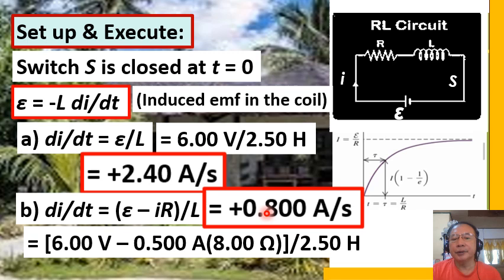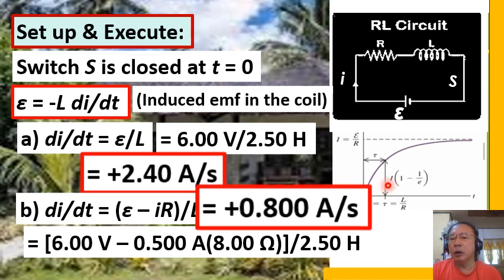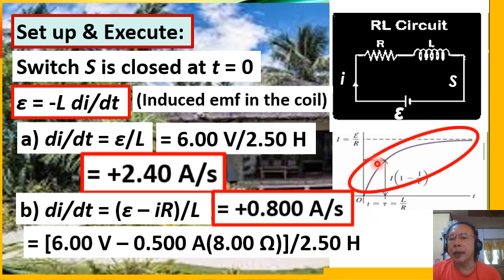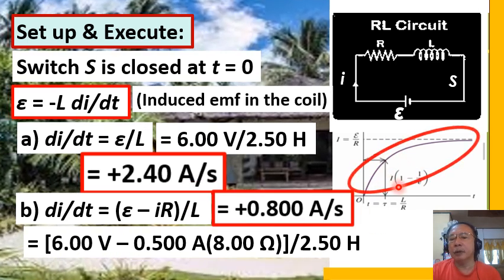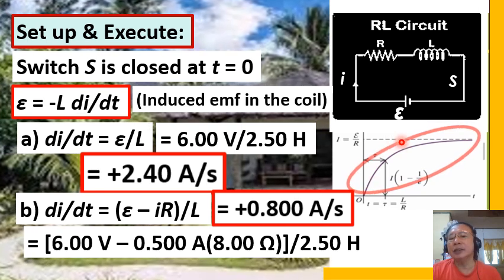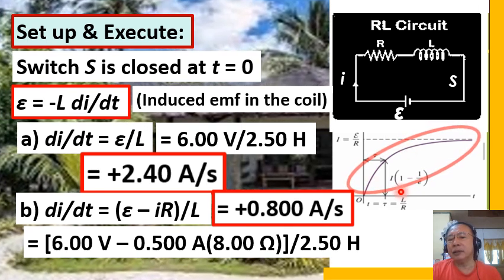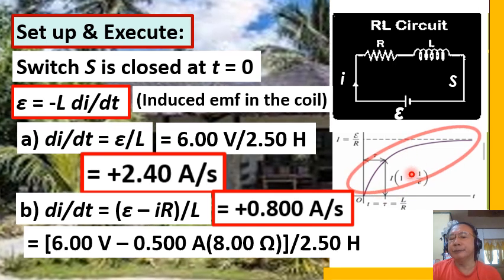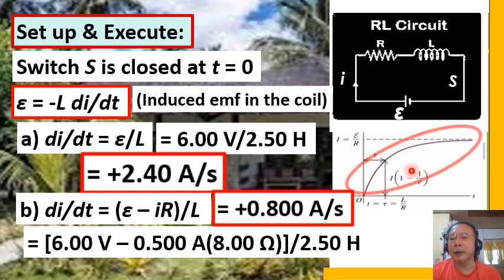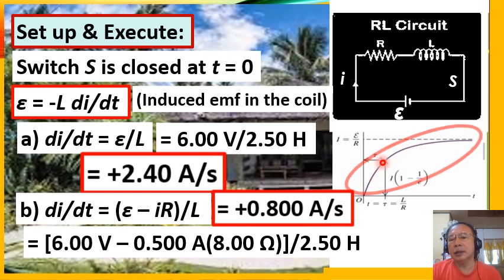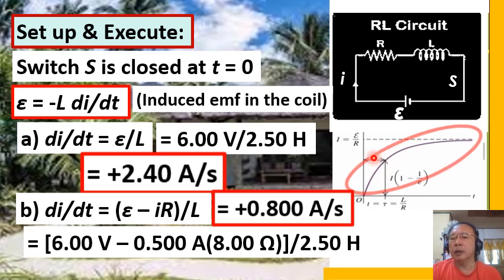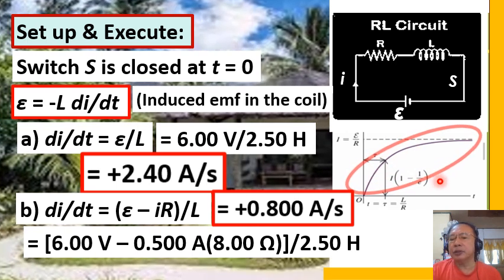So this agrees with the current versus time graph that we have here. Although the current is increasing, you will notice that we have a curve. In other words, the rate of change in the current is decreasing. And that is shown by the slope of the current versus time graph.